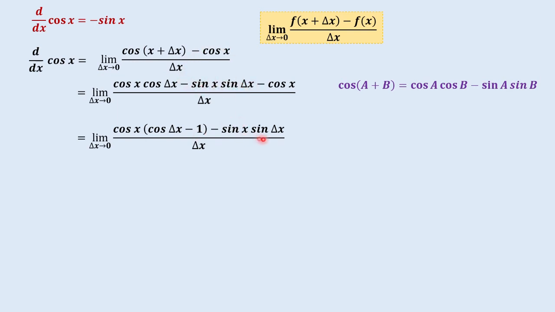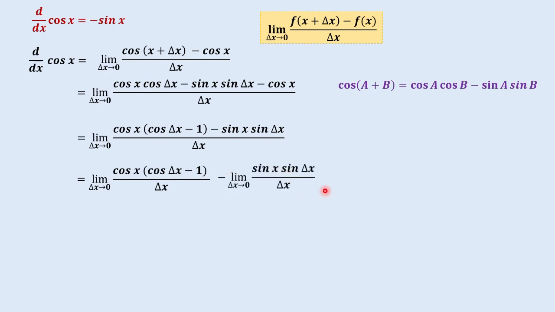So negative sine x times sine delta x over delta x. Applying addition theorem, we would be having this. And then since we're talking about the limit as delta x approaches 0, we can write this term as this one. So we can write cosine x in front of the limit here. And same with the sine x here.